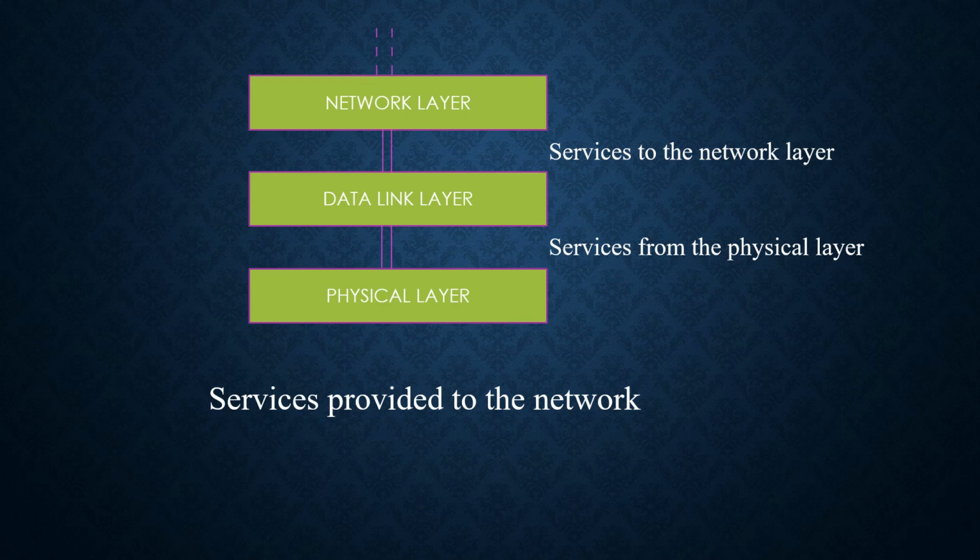The primary function of this layer is to provide a well-defined service interface to the network layer above it. The types of services provided can be of three types: unacknowledged connectionless service, acknowledged connectionless service, acknowledged connection oriented service.